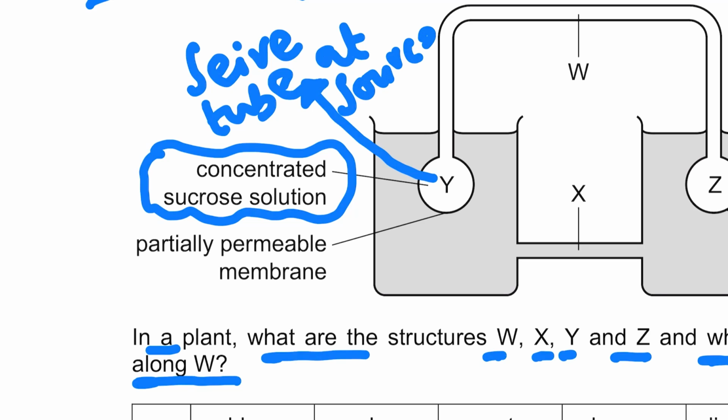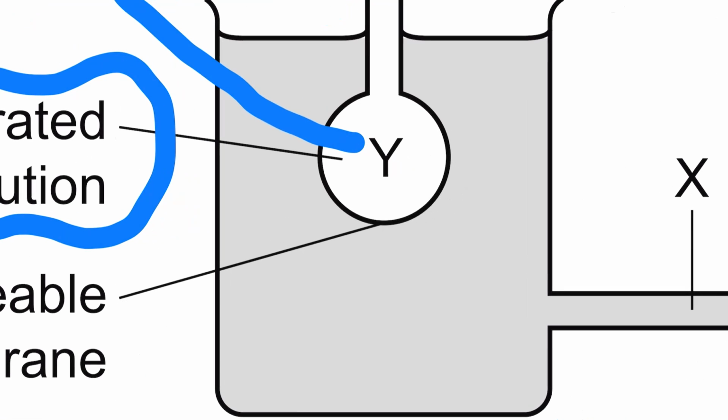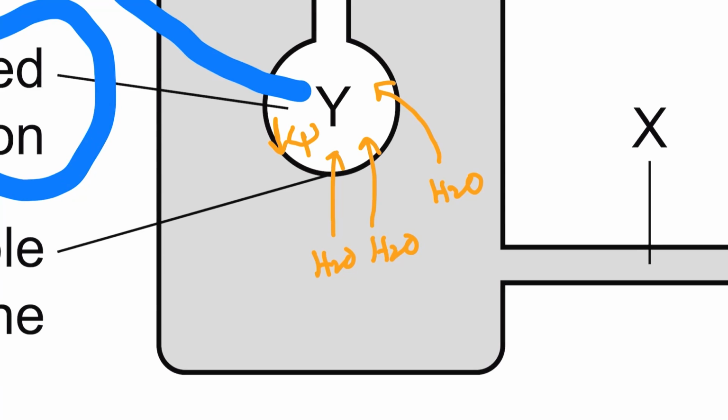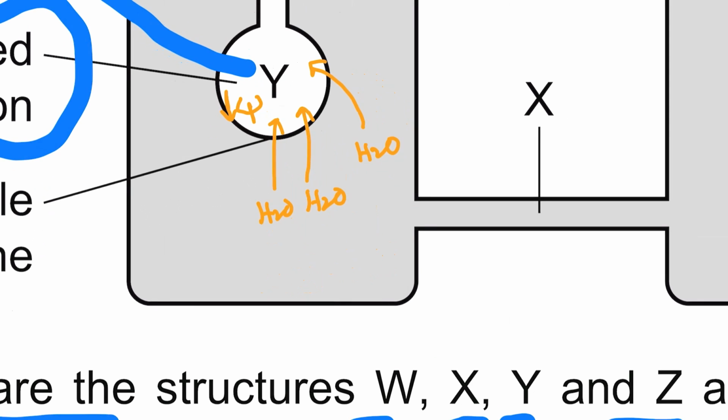Okay, so as you all know, because of the concentrated sucrose solution, the water potential at Y will be lower. So the water will enter Y by osmosis. From where, guys? The water potential is lower, so the water enters Y from where?